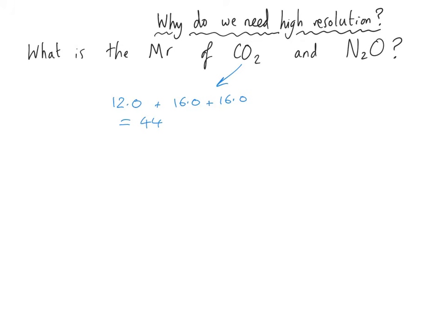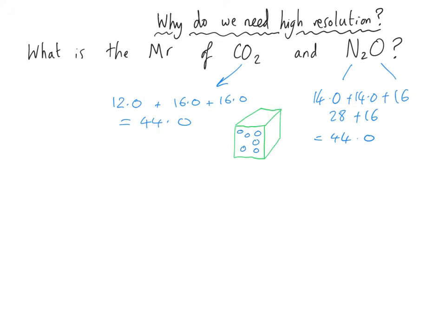For the dinitrogen oxide, we've got 14 for the nitrogen, and 14 for the other nitrogen, and 16 for the oxygen. So that's 28 plus 16, which is once again 44.0. So these two cannot be told apart, they can't be separated, we can't resolve one from another.